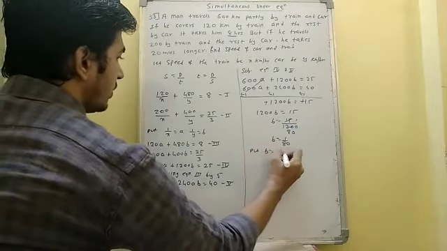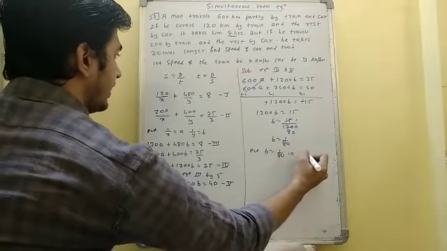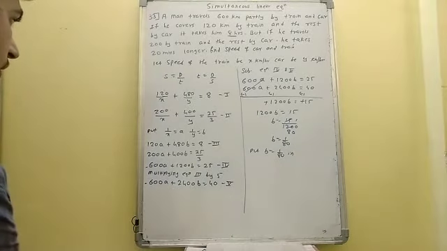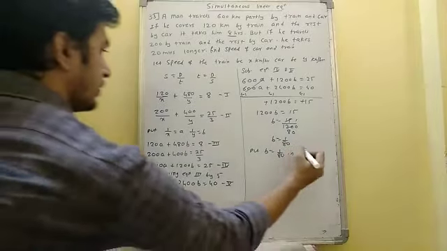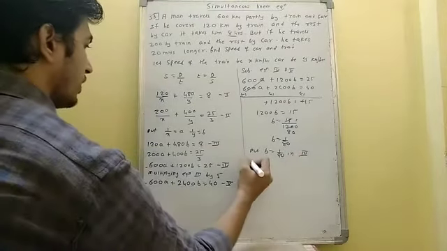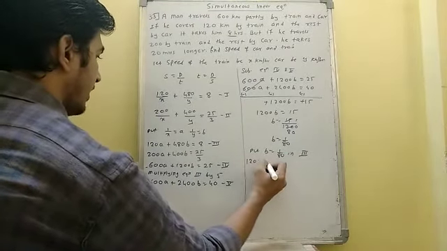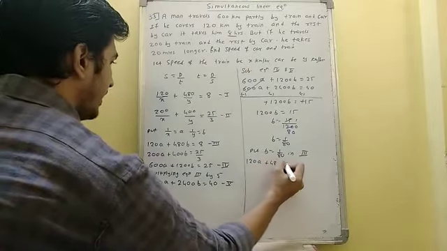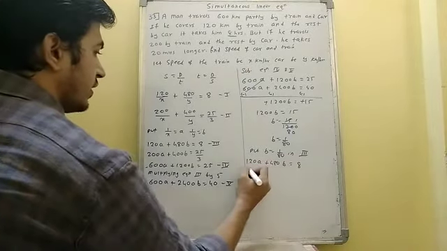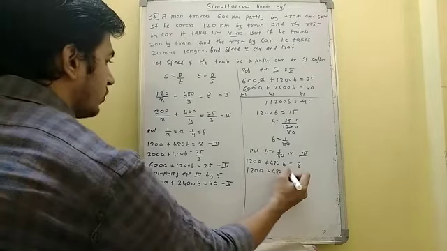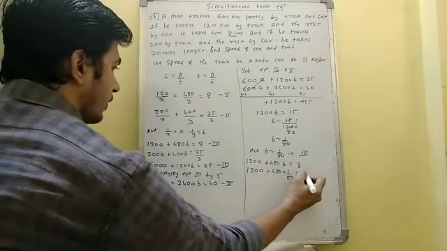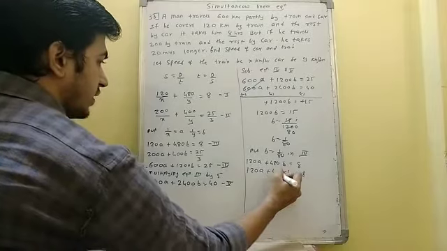Put b is equal to 1 upon 80 in equation three. So it is 120a plus 480b is equal to 8. 120a plus 480 into what is the value of b? The zeros cut.